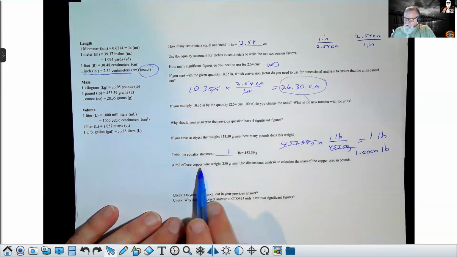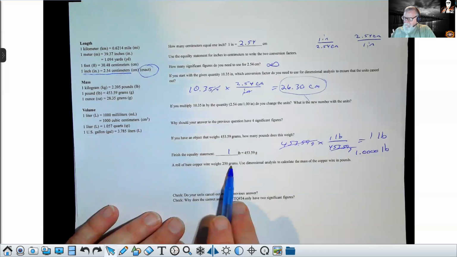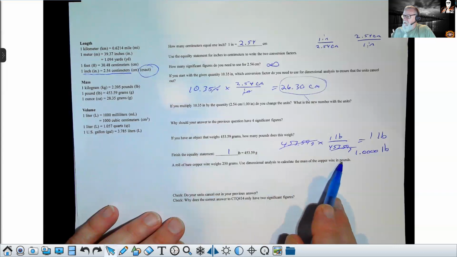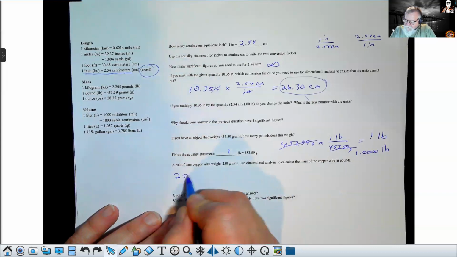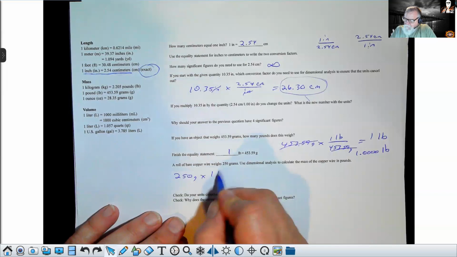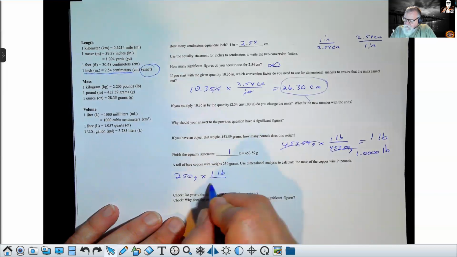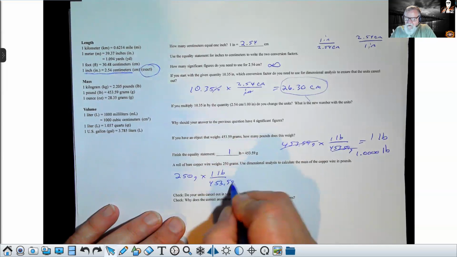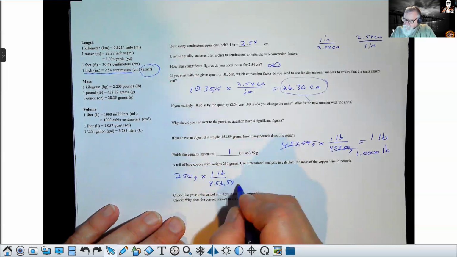A roll of bare copper weighs 250 grams. Use dimensional analysis to calculate the mass of copper wire in pounds. So we have 250 grams, that's 2 sig figs, times 1 pound over 453.59 grams.